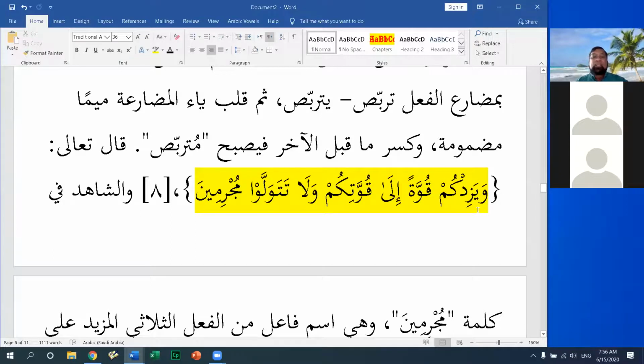ويزيدكم قوة إلى قوتكم ولا تتولوا مجرمين. The place of the evidence is مجرمين.